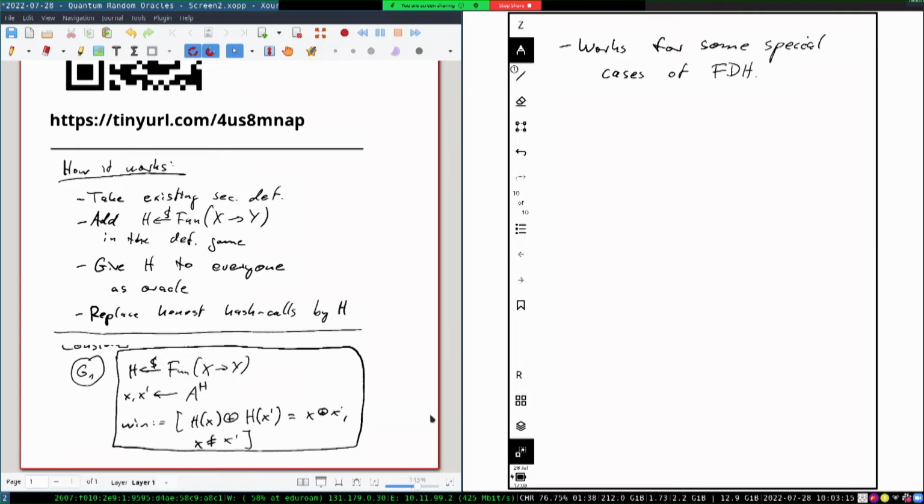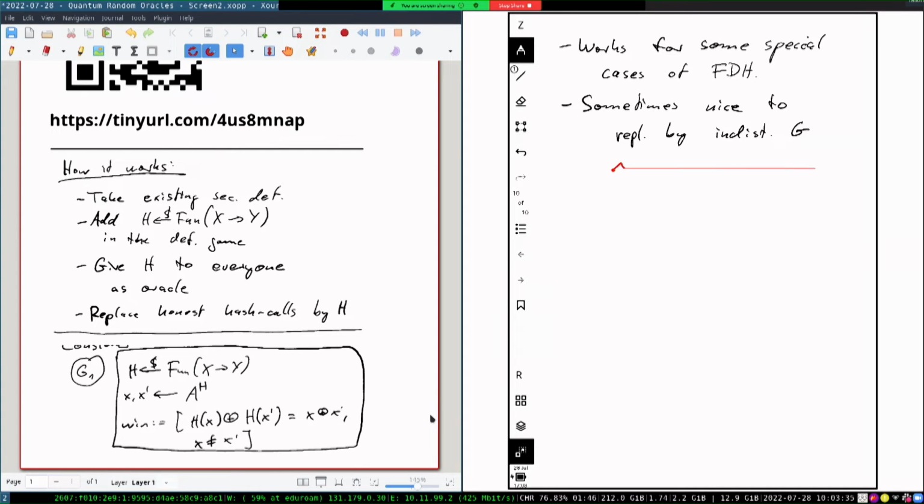And sometimes it is nice to replace H by something indistinguishable, let's call it G in this case. So instead of having something that has the same distribution, you have just something that is indistinguishable from a random oracle.